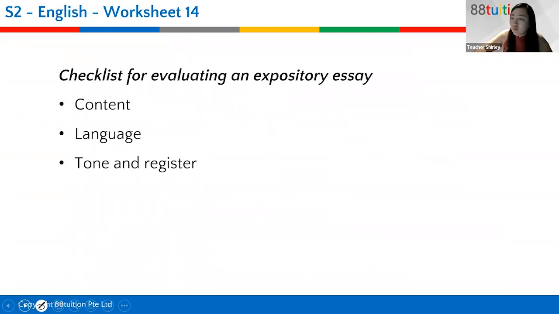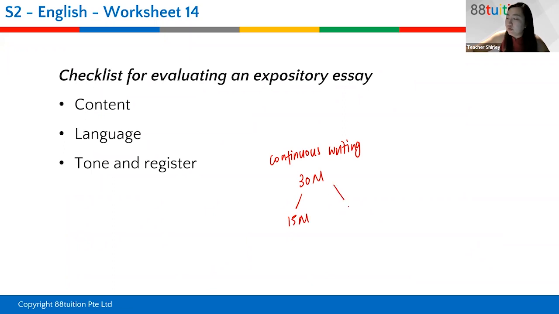Yeah. So when we evaluate your expository, do take note that for continuous writing, okay, it's 30 marks. 15 marks goes to language, 15 marks goes to content.